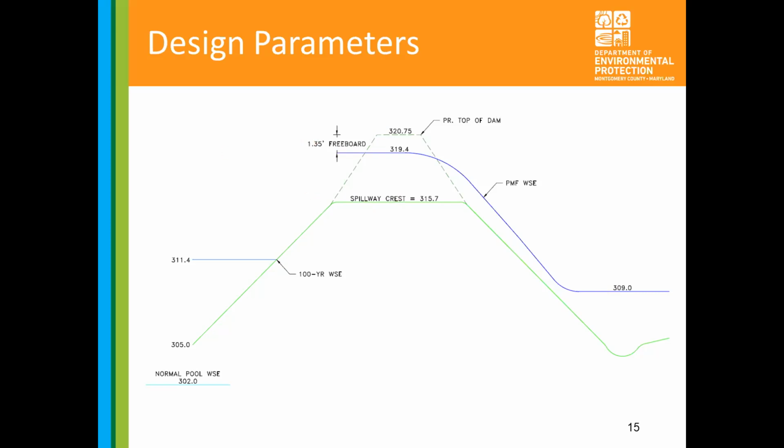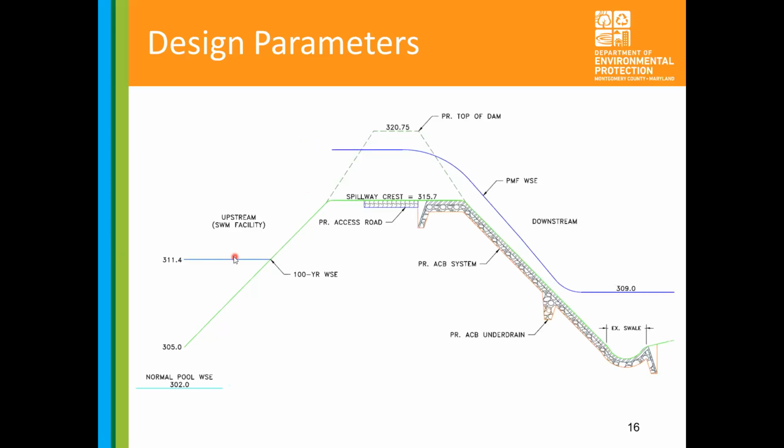So if we go to the next slide, under proposed conditions, this is what we were hoping to get through this. Our normal pool hasn't changed. Our 100-year is here for reference.